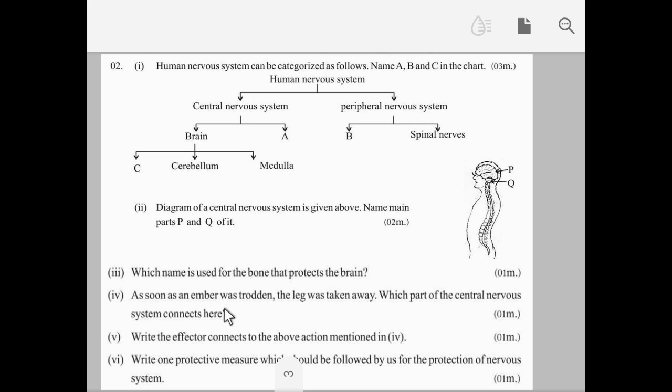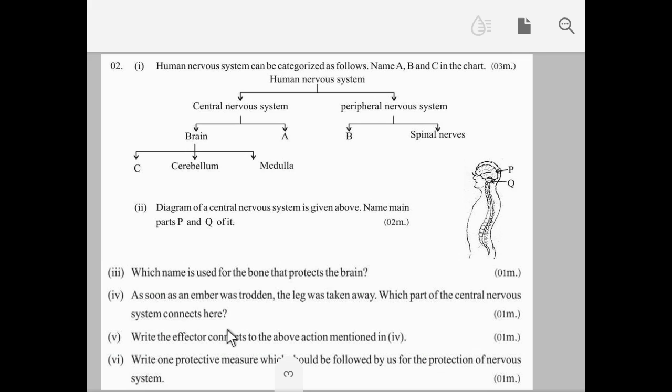Sixth one, write one protective measure which should be followed by us for the protection of the nervous system. The easiest one is having a nutritious diet, a balanced diet.